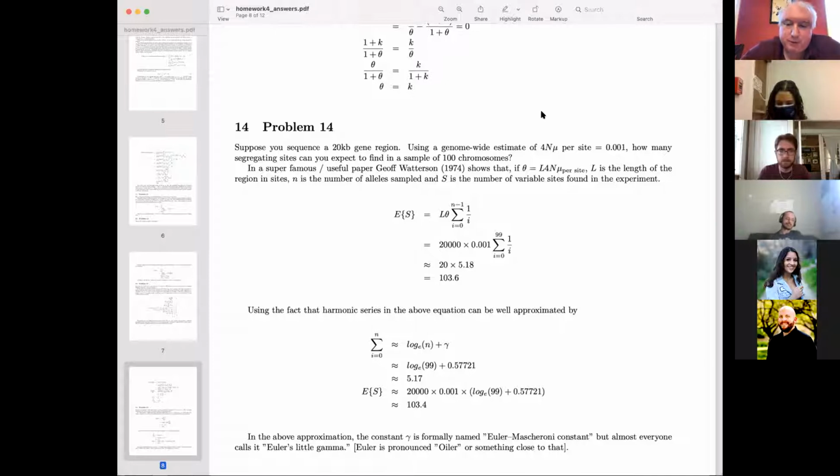If your humans were only pasty white people from Northern Europe, your estimate of theta might be closer to 80% of that, might be 8 times 10 to the minus 4th. But if you have a broad collection of humans from all over the globe, 10 to the minus 3rd is a really good estimator of theta in humans.